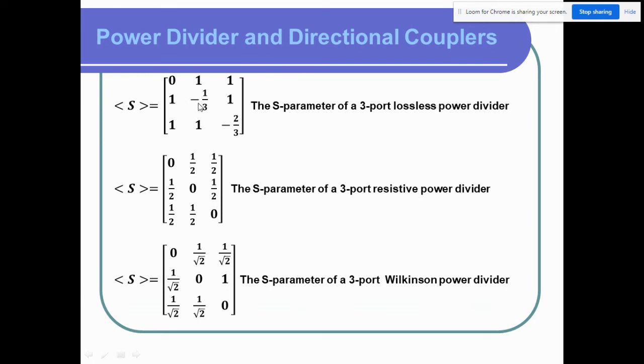So we can see 1/3 of the power is reflecting back, and here 2/3 of the power is reflecting back. It means this is a design which gives us a lot of reflection. So the lossless power divider had this problem. To deal with this issue, the resistive power divider has been invented.